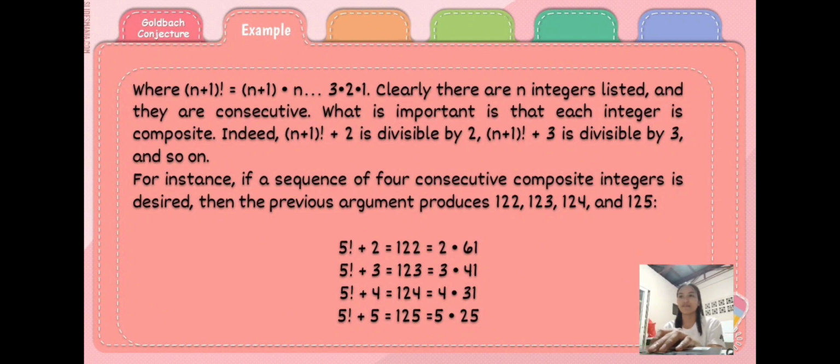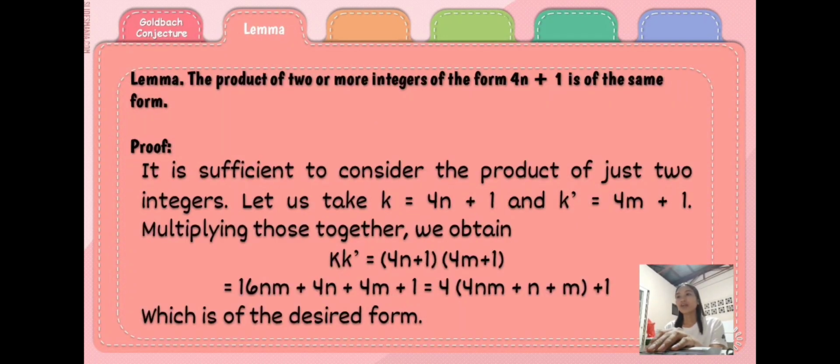Lemma: the product of two or more integers of the form 4n plus 1 is of the same form. Proof: it is sufficient to consider the product of just two integers. So let us take k equals 4n plus 1 and k prime equals 4m plus 1. Multiplying those together, we obtain k times k prime equals (4n plus 1) times (4m plus 1).